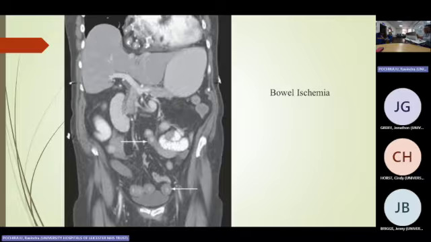So the bowel ischemia or mesenteric ischemia can be acute, it can be chronic. The chronic is probably less of a bother to us because it's someone who's got atherosclerotic disease. Patients with chronic mesenteric ischemia classically complain of pain after having a meal, because that's when they're challenging their gut. Acute mesenteric ischemia can be embolic, which we see quite often here.